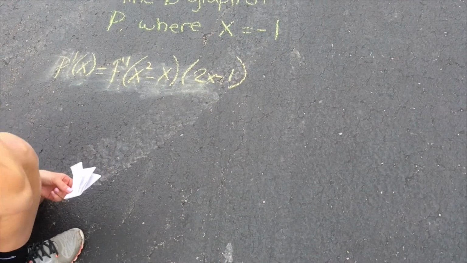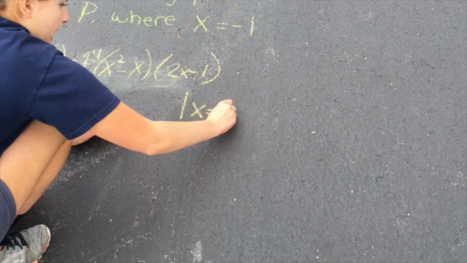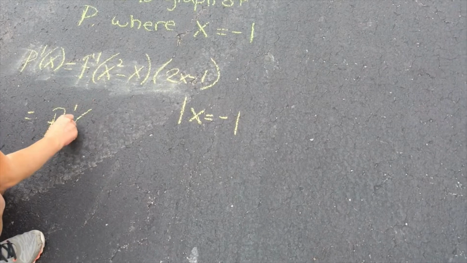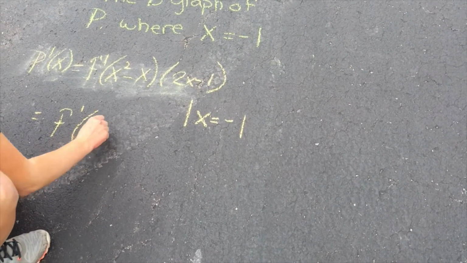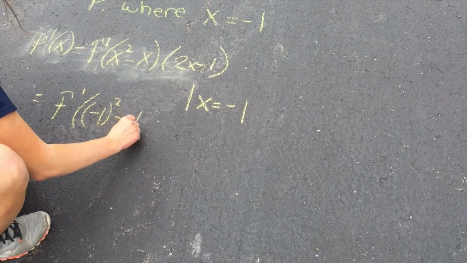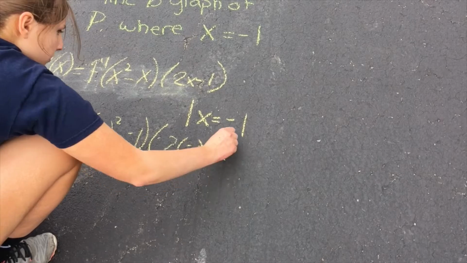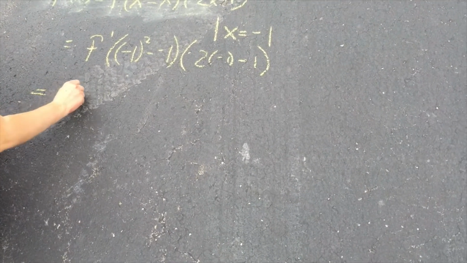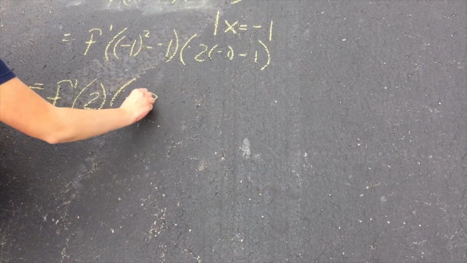The problem is asking us where x is equal to -1. We will simply plug in the values. So it will be f prime. Solving this, we get f prime of 2 times -3.